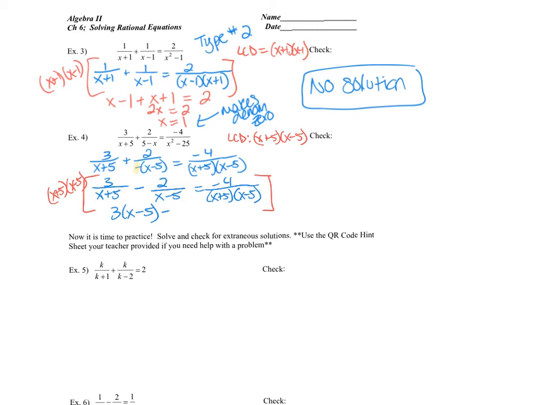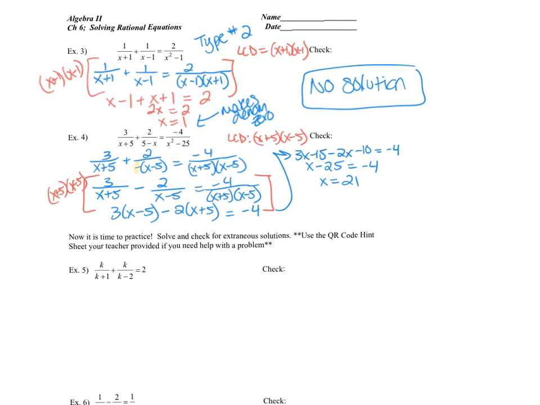I'm subtracting 2 times x plus 5 from that because the x minus 5s cancel. And here I just get it equal to negative 4. So 3x minus 15 minus 2x minus 10 equals negative 4. Combine like terms, I have x minus 25 equals negative 4. Add 25 to both sides, x equals 21.